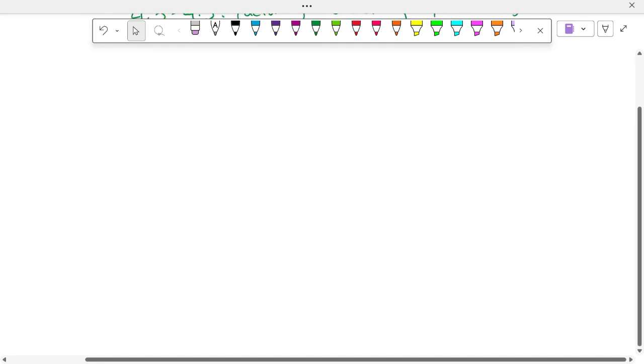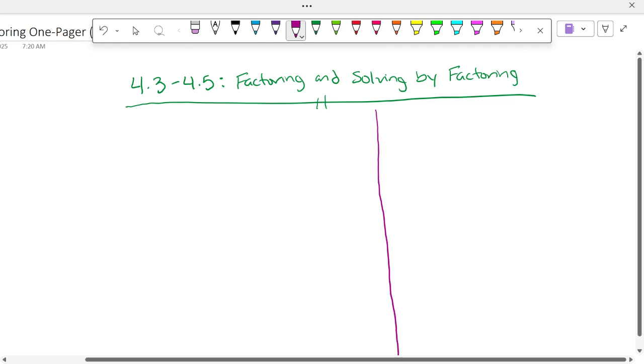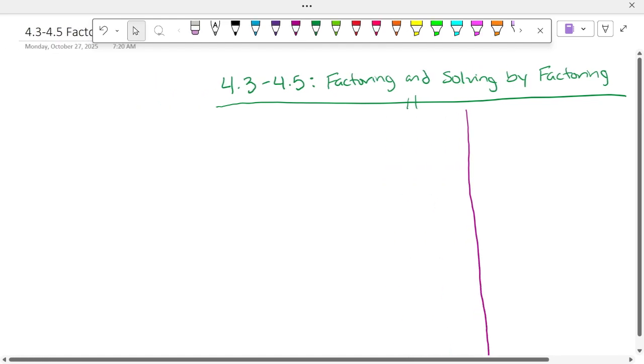Now, because this is kind of 2-in-1, I would break your paper in half. So I would draw a line down the middle so that you're going to have factoring on one side, solving on the other side. And again, it doesn't have to be perfect.